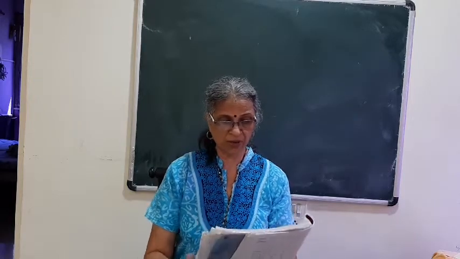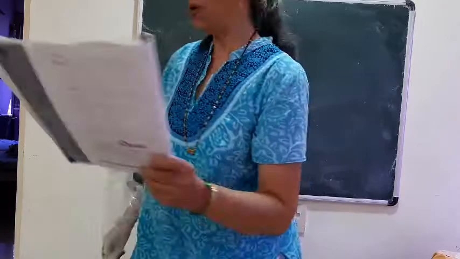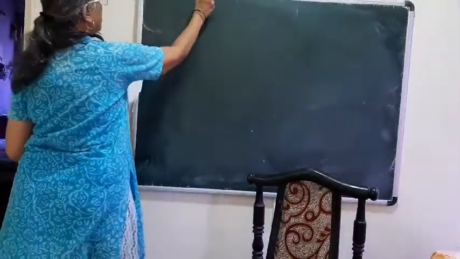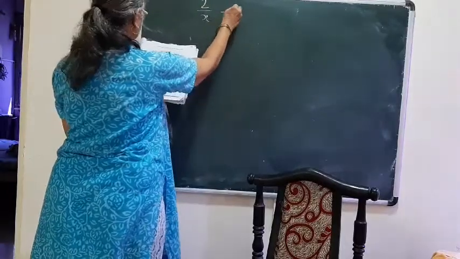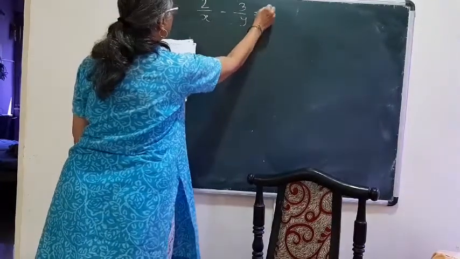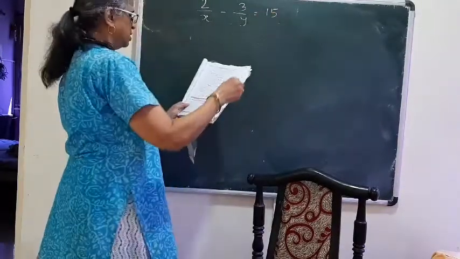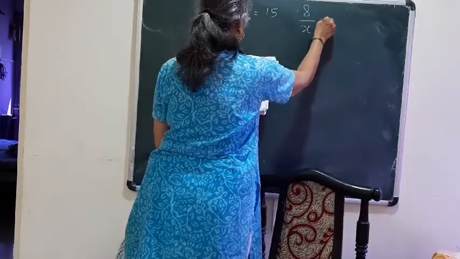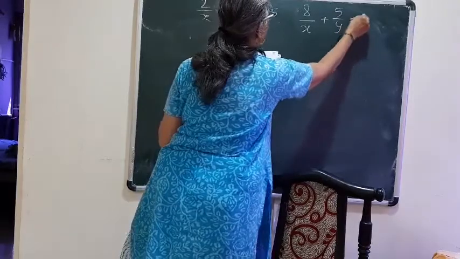So I will write the first equation, 2 upon x minus 3 upon y equal to 15, that is the first equation, and the second equation is 8 upon x plus 5 upon y equal to 77.